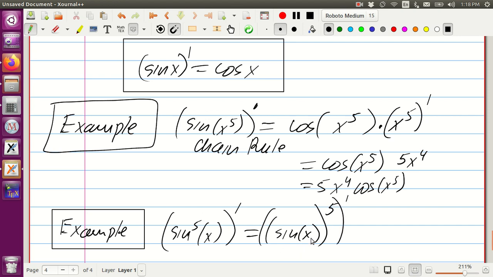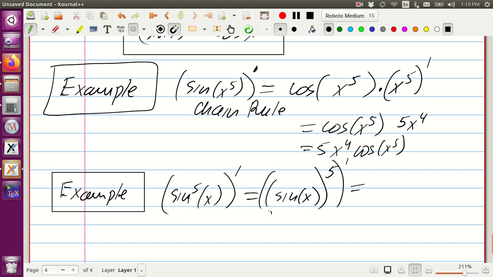So let's try to plug in x to just understand what's going on. If we plug in x, then we calculate sine, then we raise it to the 5. So this power is our outside function. According to the chain rule, we need to use the power rule first. 5 goes down, then we have something to the power 4, and this something is sine of x.